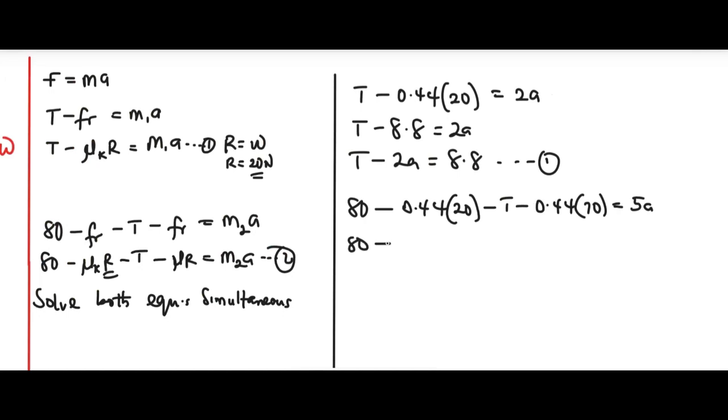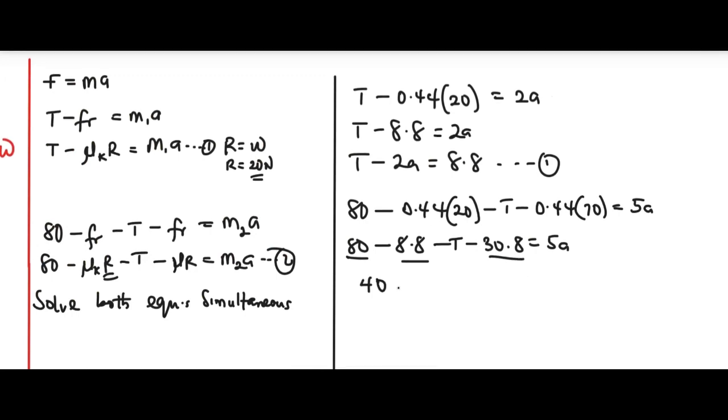We have 80 minus 0.44 times 20, which will give you 8.8, right, minus T minus 0.44 times 70, that's 30.8, equals 5A. So these three values give us 80 minus 8.8 minus 30.8.